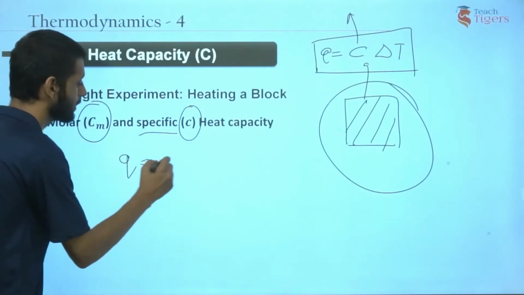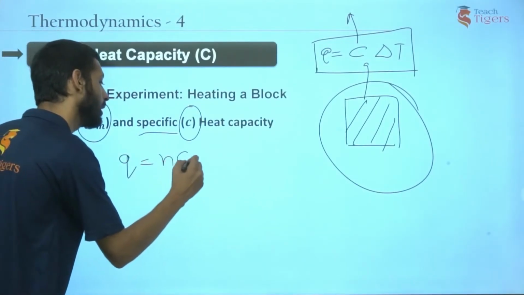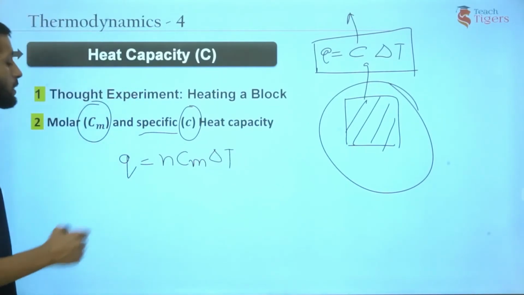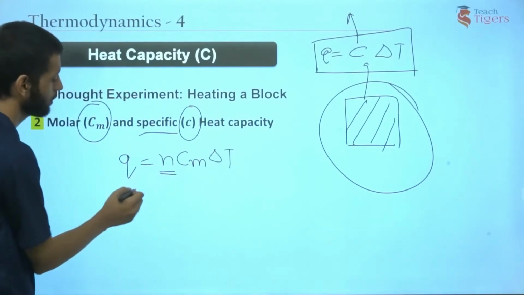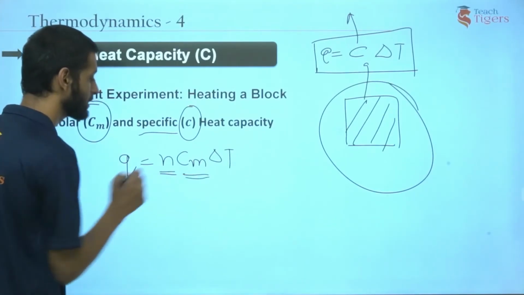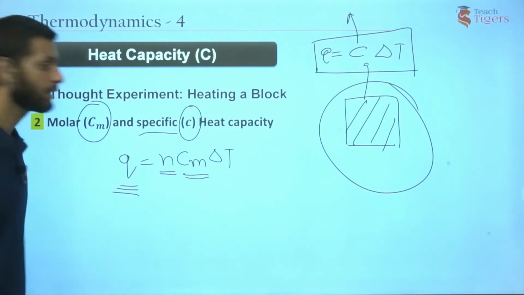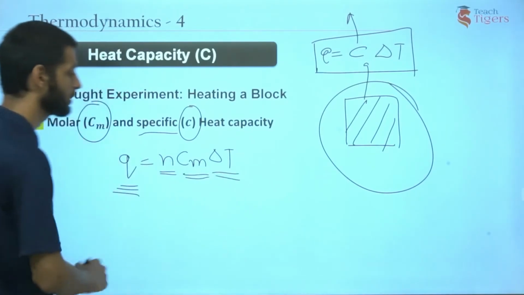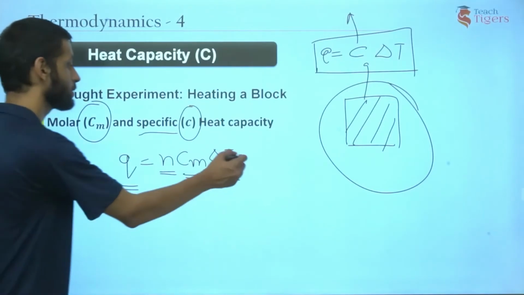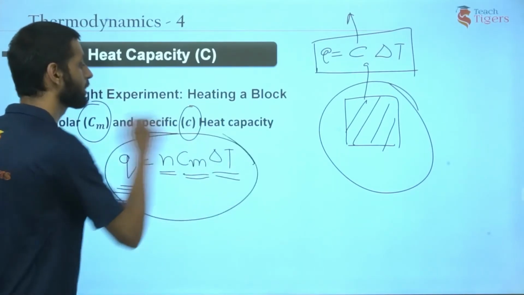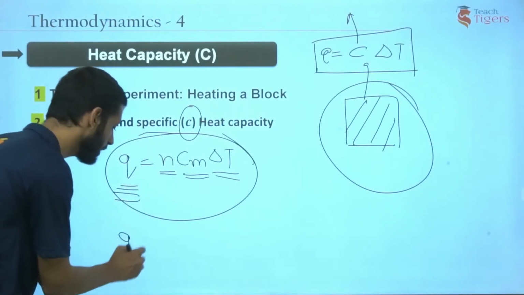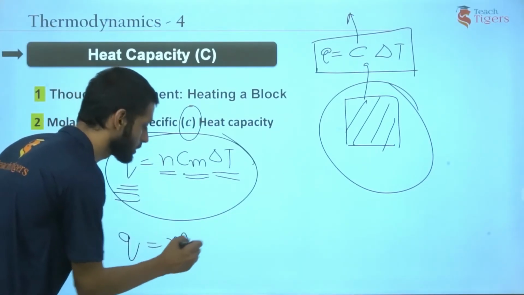Q equals n C_m delta T. So higher the number of moles, more is the heat required. Higher is the molar heat capacity, more is the heat required. Higher is the change in temperature, higher is the heat required. This is one formula that you can remember. When it comes to specific heat capacity, I just have to change this n by mass.